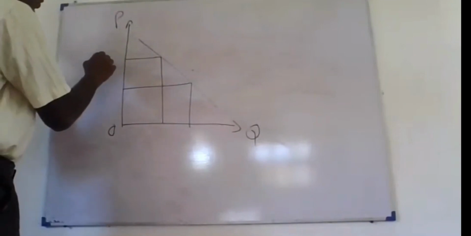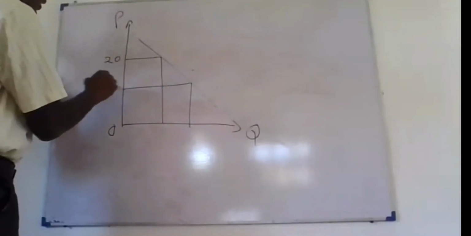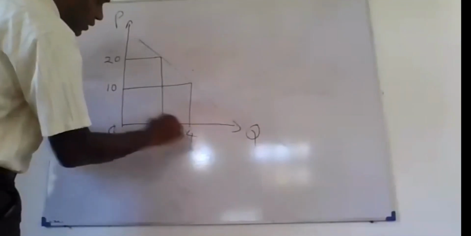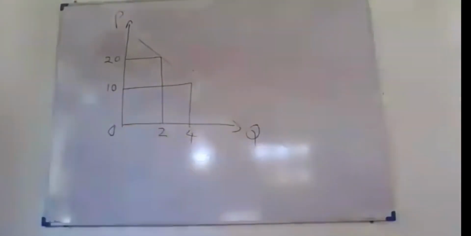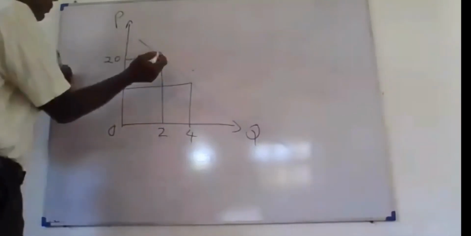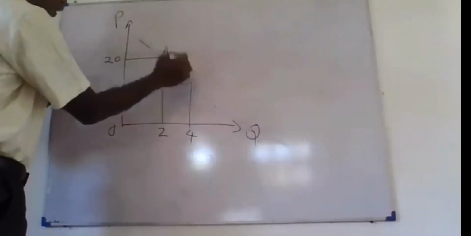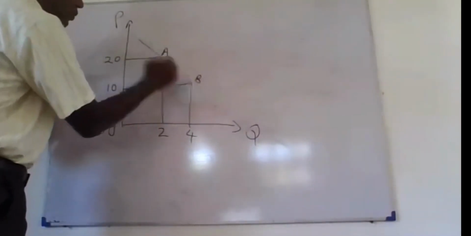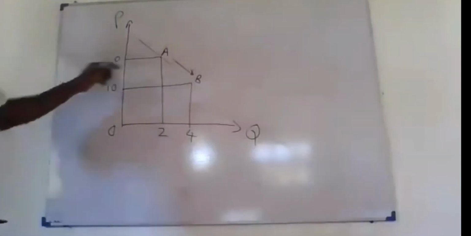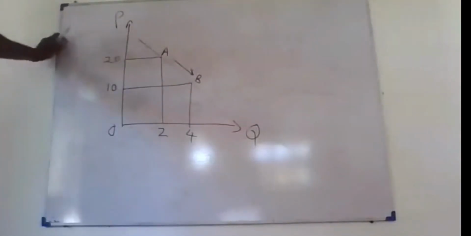The price was 20 and 10. Quantity was 2 and then 4. So let's assume we are moving from point A to point, I will put B here. So I just wanted to move from point A to B and calculate.